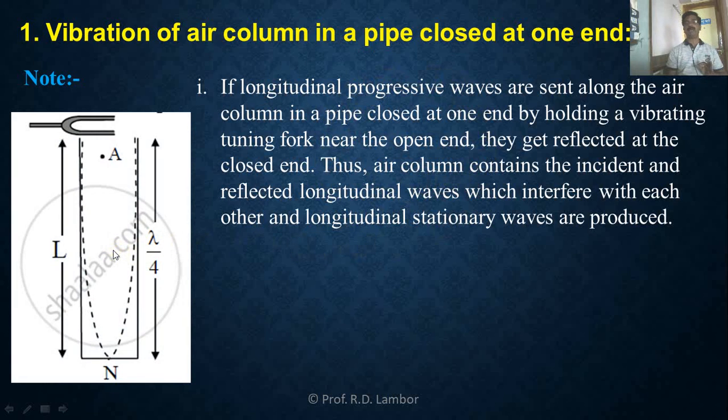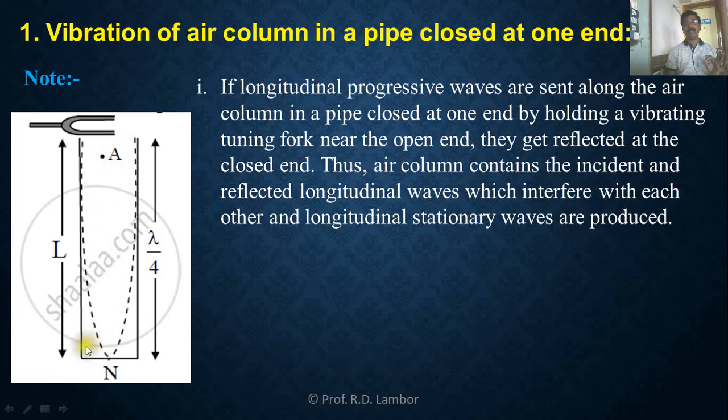So in this diagram we have considered a pipe closed at one end and the air column is enclosed in a pipe closed at one end. And this air column is vibrated with the help of this external periodic force. So vibrating tuning fork is held near the open end of this tube. And from this vibrating tuning fork, longitudinal progressive wave, that means sound waves, travels along this air column.